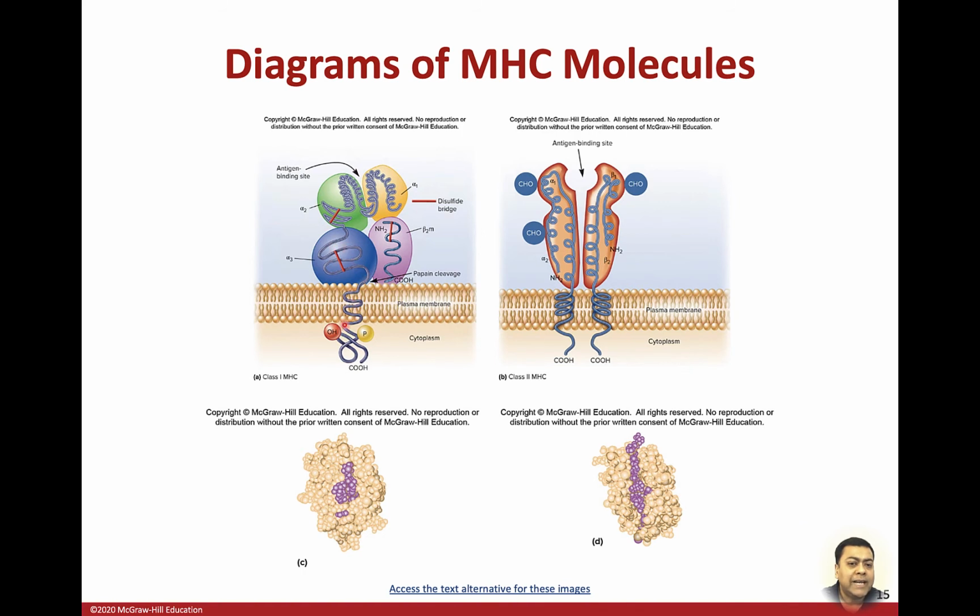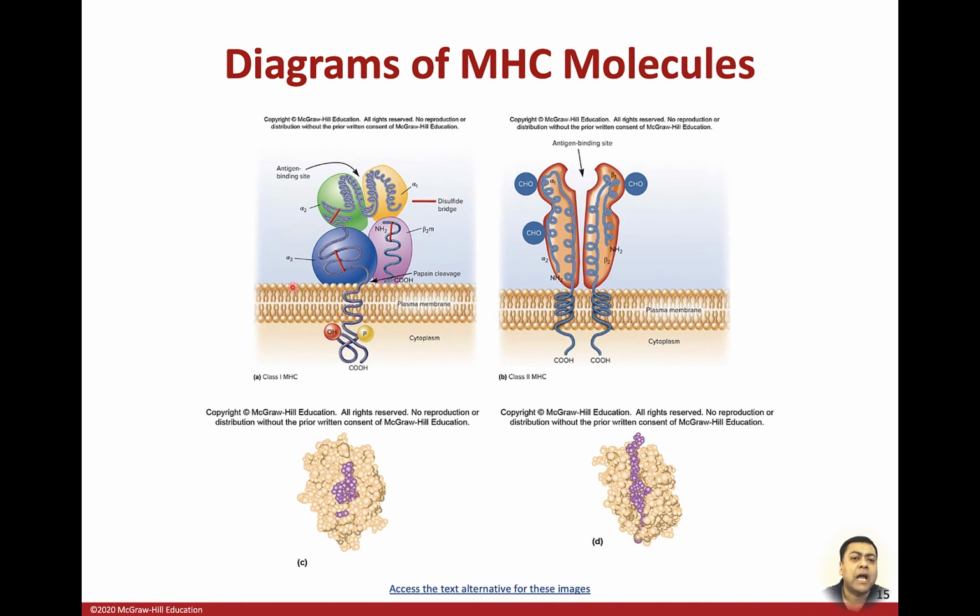Then there is a transmembrane domain and a cytoplasmic portion of this long molecule, about 45 kilodaltons in size. You have a much smaller one, known as beta-2 microglobulin. This is only 12 kilodaltons, and this is the other protein. So you have one monomer, the alpha protein, and the second, beta-2 microglobulin, is the other protein.